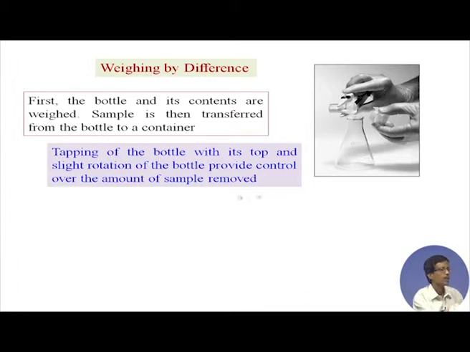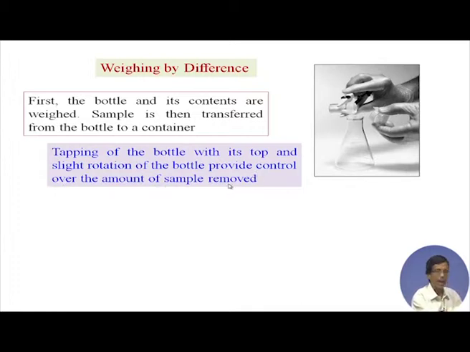Slowly we can transfer it to the sample container. If we want to transfer, say, 1.2258 grams of this sample, we should transfer slowly, otherwise the whole lump will come out from the weighing bottle and fall into the conical flask.